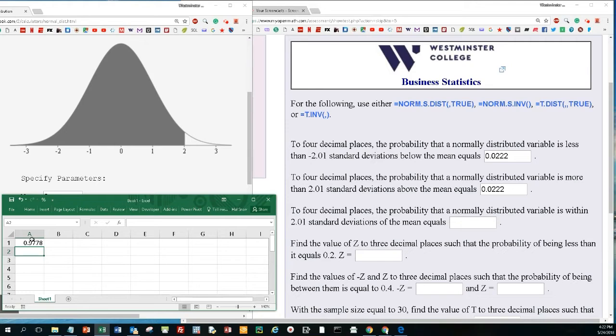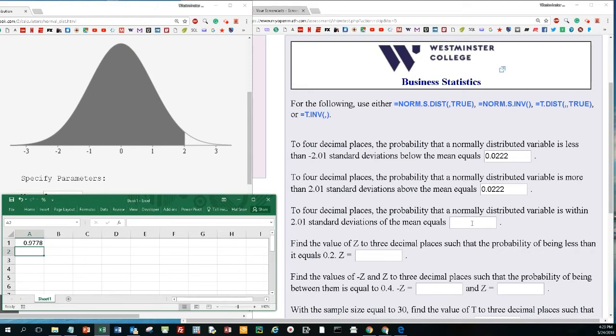So if you're doing this in Excel, you want to get the probability in the upper tail, not the probability in the lower tail. So we know that the area under the distribution is 1. So if I subtract this from 1, I get 0.0222. So this right here would be that area. Not doing that would mean I've calculated this area. Okay.